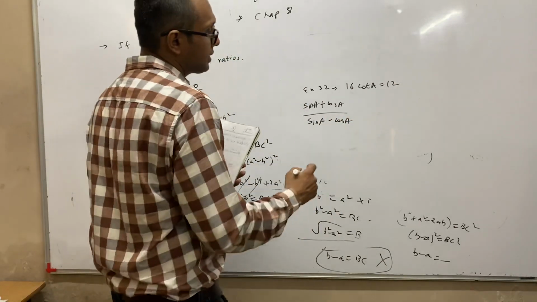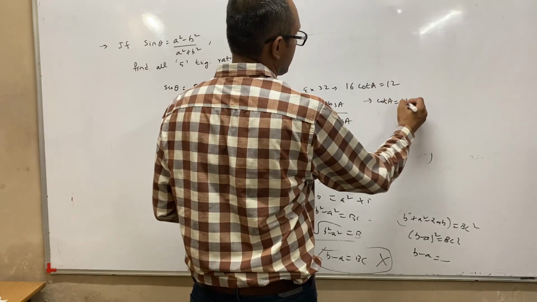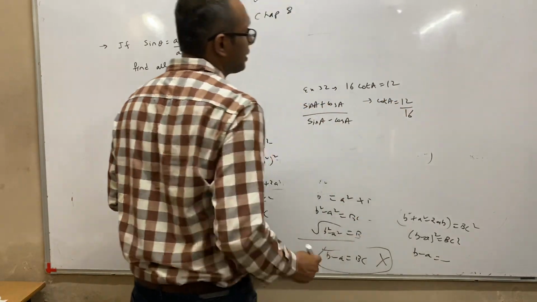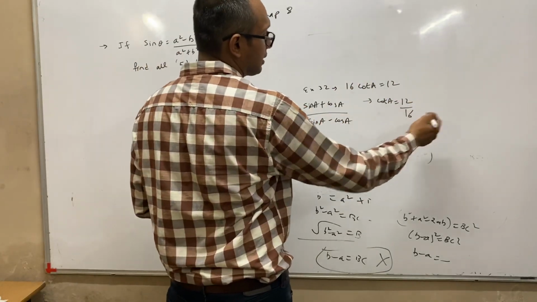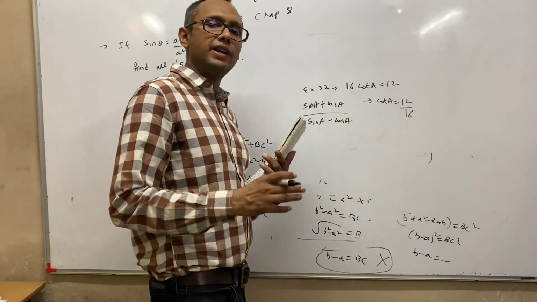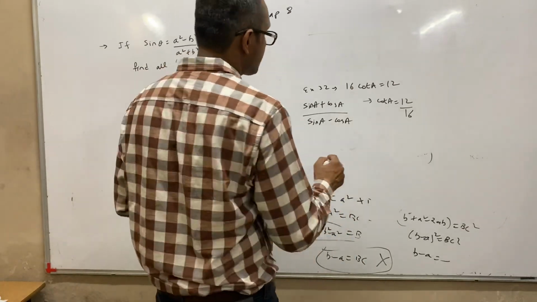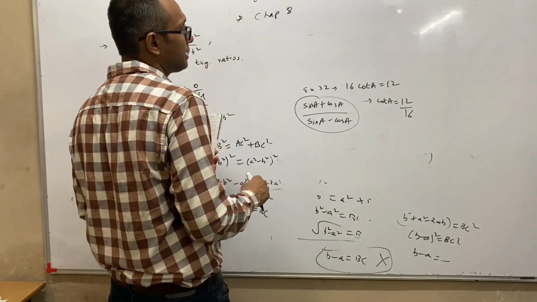Now for doing any sum there are two approaches. One is the fast approach and one is the not so fast. I always try to take the fast approach. Of course, cot A you can write as 12 by 16 and cut a little bit. And now, instead of finding all the three sides, the easiest step is to convert this value into cot. How can you easily convert it?